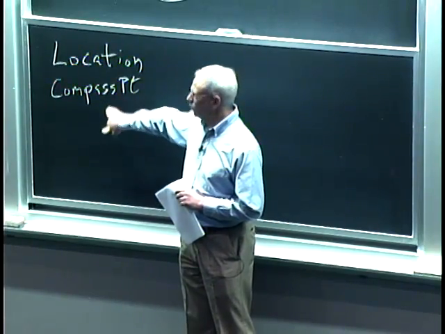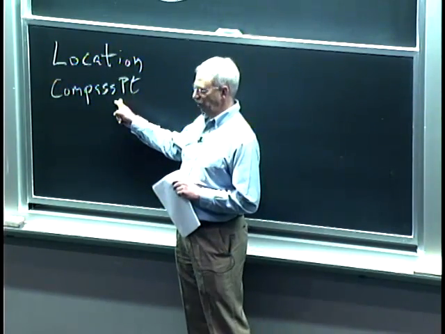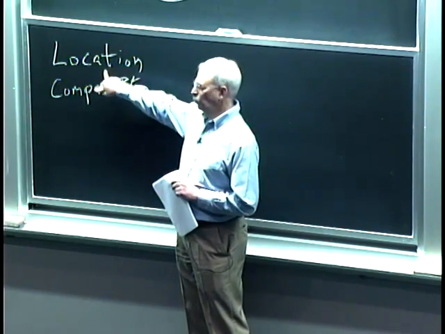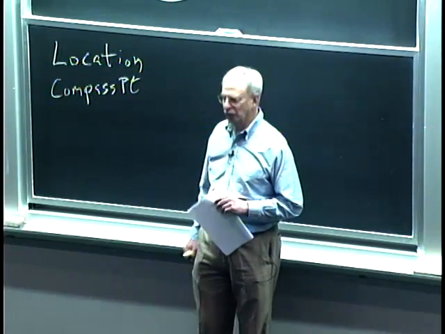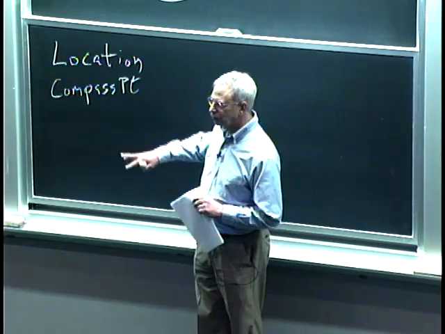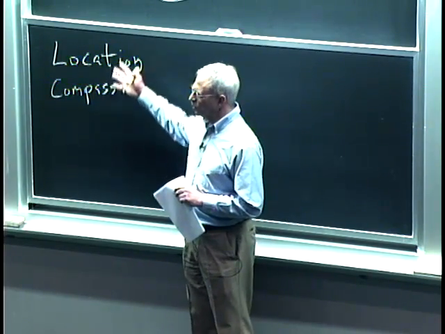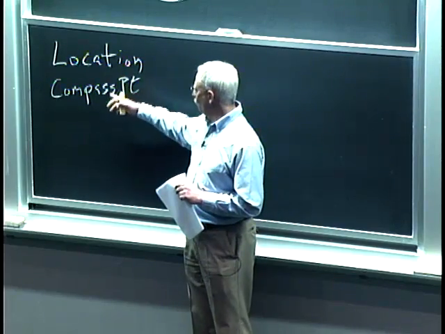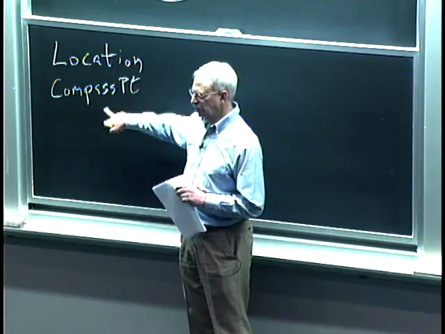But it would probably pay to separate the notion of direction, which is what this is, from location. Maybe I should have called this direction instead of compass point, but I didn't. But I thought about the problem and said, well, these things really are separate. Where you are and where you might head from there are not the same, so let's separate them.